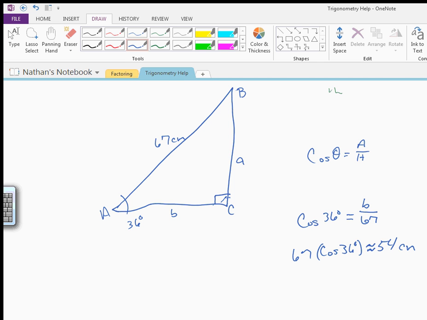So this side, B, equals 54 centimeters. Now, this is just one of those random times where you're going to see this. Maybe they give you some oddball side here or some oddball number. But in the end, you end up with the same looking equation and you solve it in the same manner.